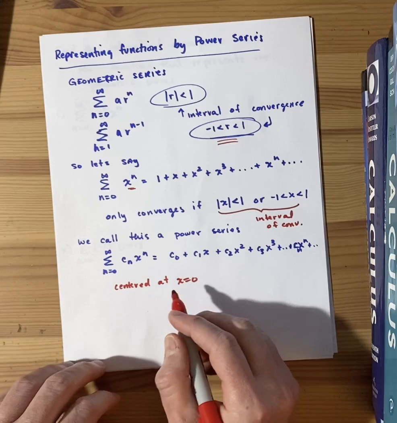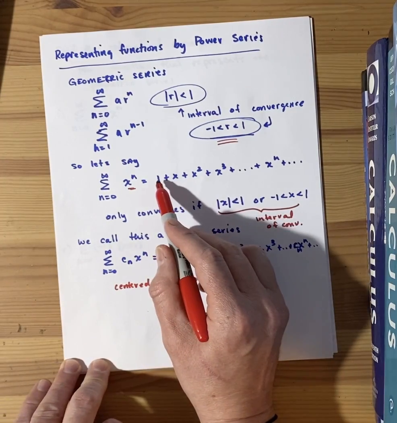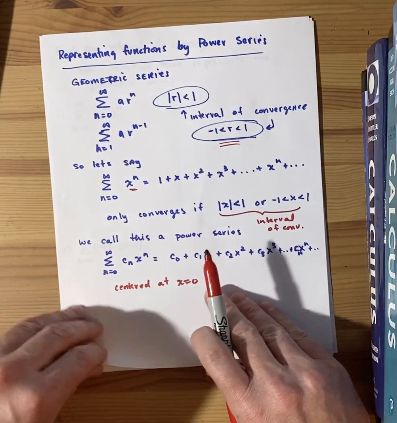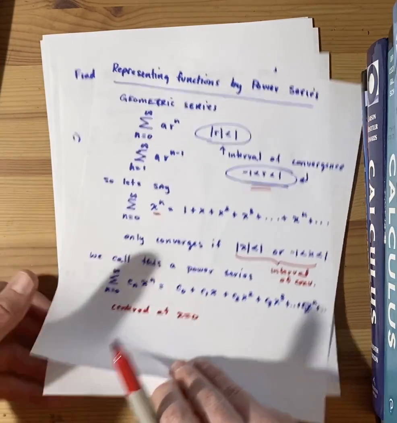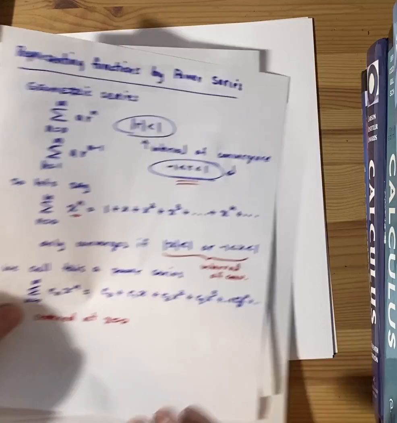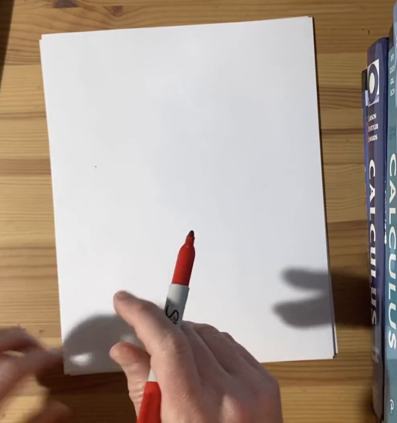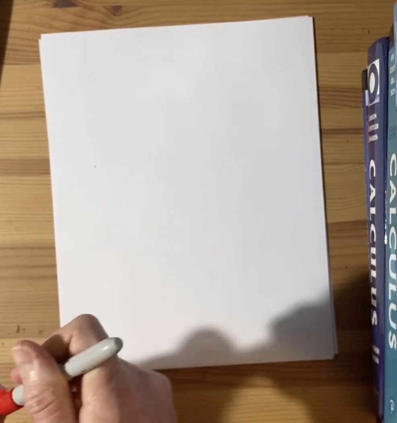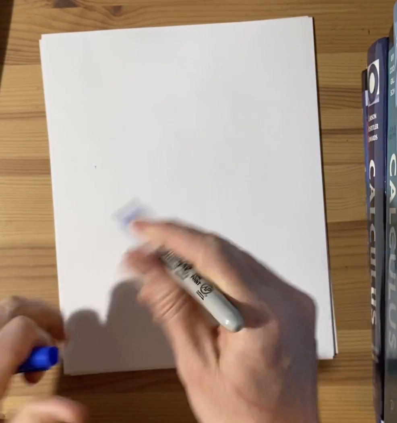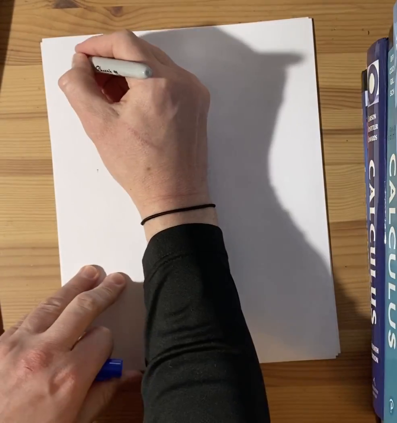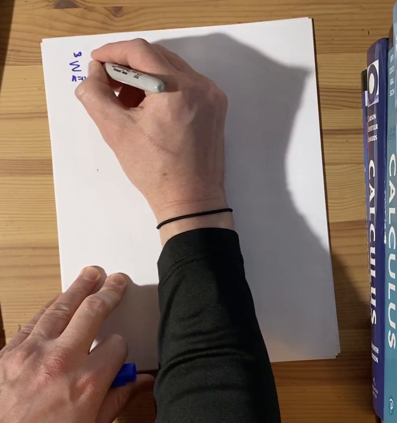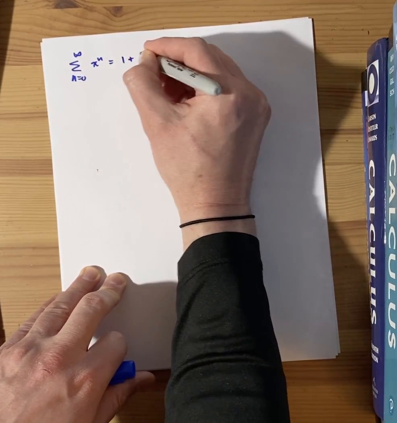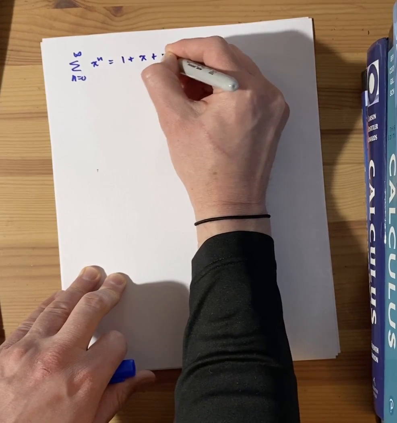Let me go back up here and look at this function, and let me just rewrite it to give you an idea of what I'm talking about. Let's look at that function that I started with, n from 0 to infinity, x to the n.